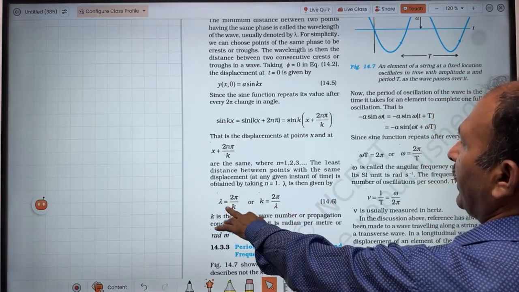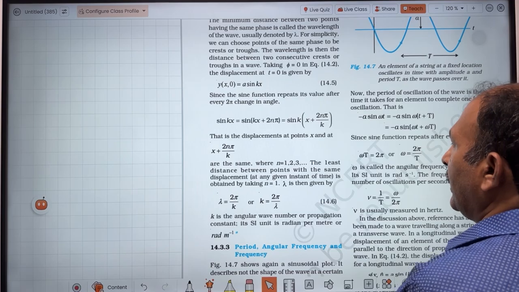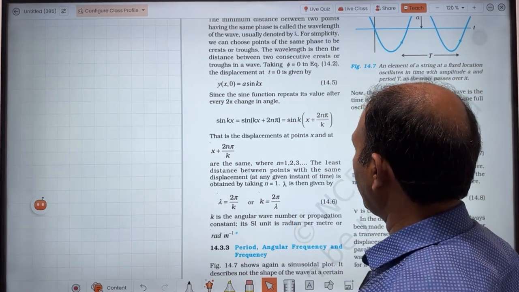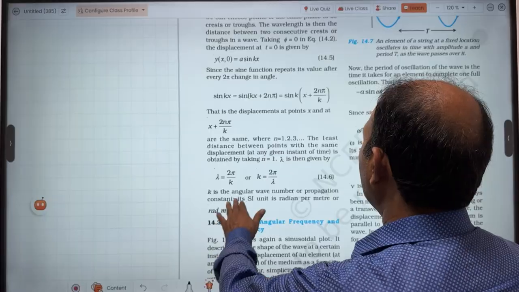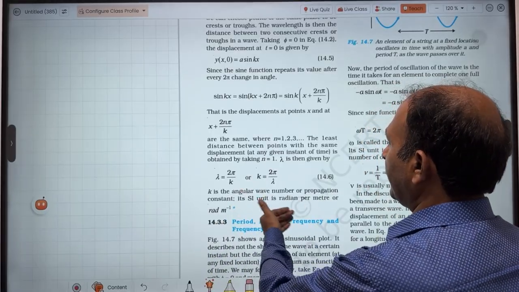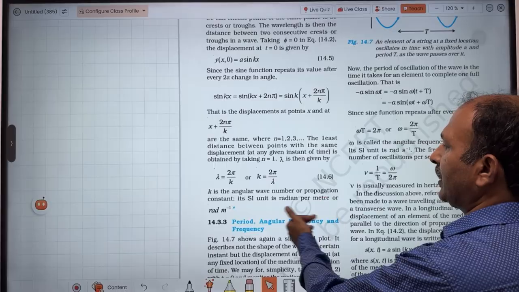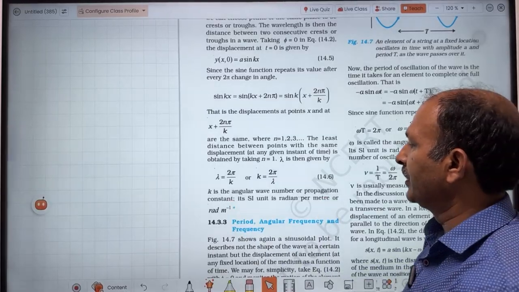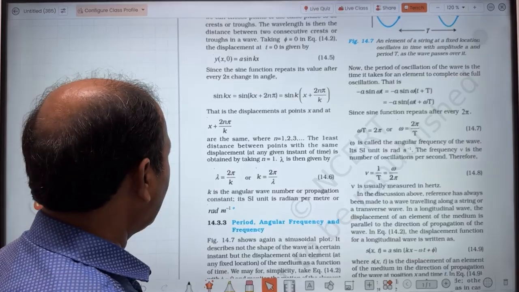So we get λ = 2π/k, or k = 2π/λ. Here k is called the propagation constant, and k is also called the angular wave number, and its unit is radian per meter, or radian meter minus 1. Up to here, I don't think there is any problem.